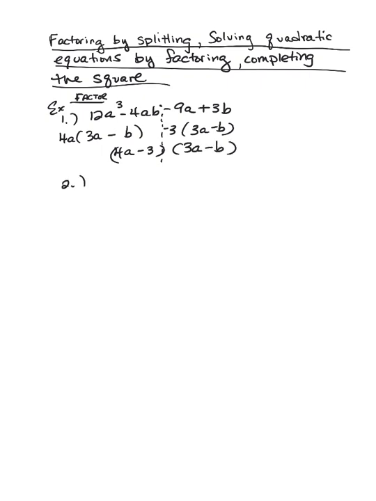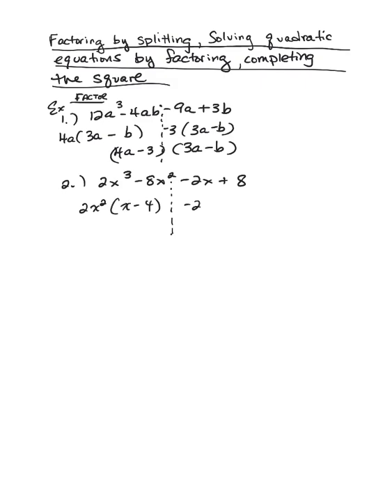Okay, let's look at the next one. 2x cubed minus 8x squared minus 2x plus 8. So let's see if this works in the order of the question. So if I split this down the middle, will it just automatically work? So if I take out a 2x squared, I'm left with x minus 4, right?